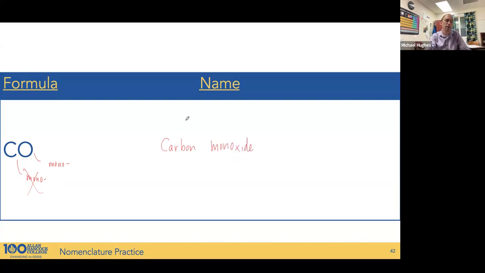This is carbon monoxide, that gas that we don't want to build up too much in our house. Otherwise, it will stop us from breathing and living. So carbon monoxide. And that's the end of the nomenclature naming compounds practice worksheet or assignment.